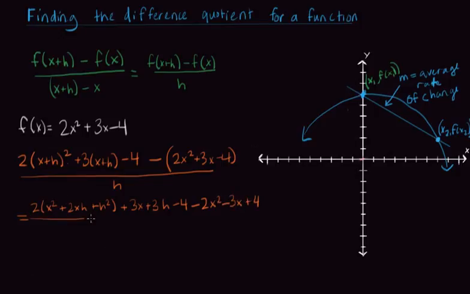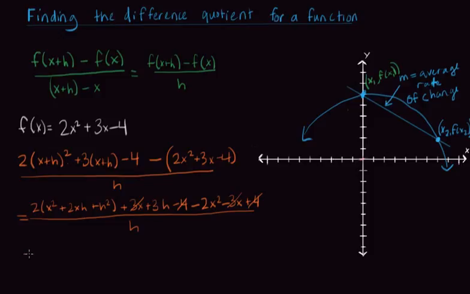All over h. Now let's look for things we can simplify already. I see a positive 3x and a negative 3x, and I see a negative 4 and a positive 4. So I won't rewrite those. And then let me distribute this 2.